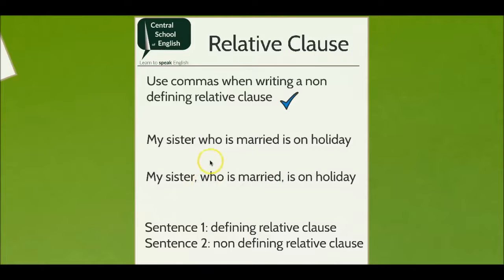In the second sentence, the sentence contains commas separating the relative clause from the rest of the sentence. The information contained here is not essential information. In this sentence, the speaker only has one sister. The fact that she is married is extra information and does not help to define the noun. This is an example of a non-defining relative clause.